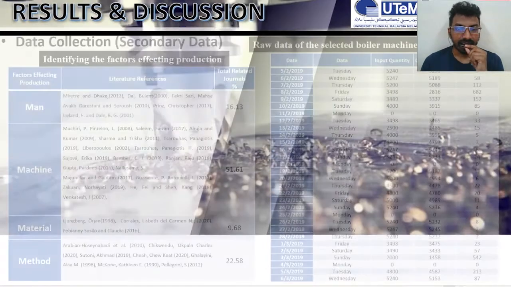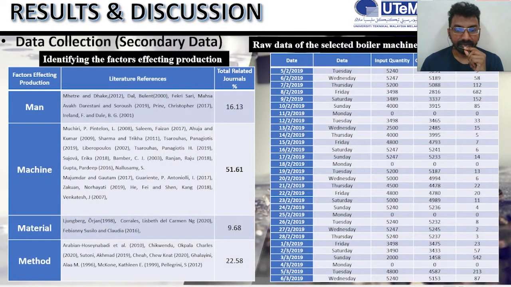Next is the secondary data. Here, first, the factors affecting the production are identified using the literature review. Based on it, it is proven that 50% is due to machine, followed by method of work process, and finally by man, which is known as the workers.